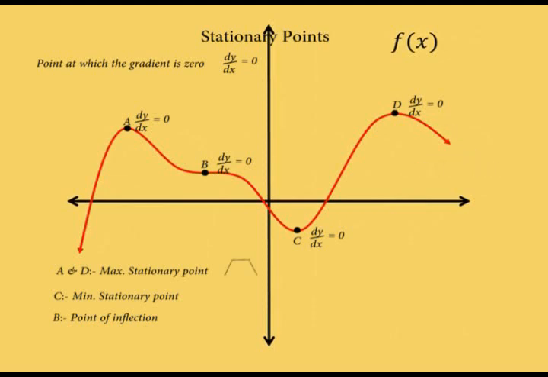In a minimum stationary point, the gradient changes from negative to 0 and then to positive. It is represented as this. For a point of inflection, the gradient may change from negative to 0 and then to negative again, or from positive to 0 and then to positive once again.